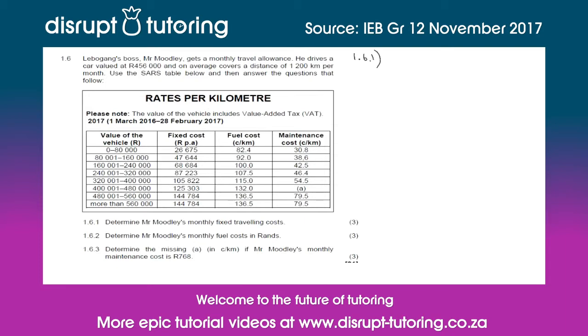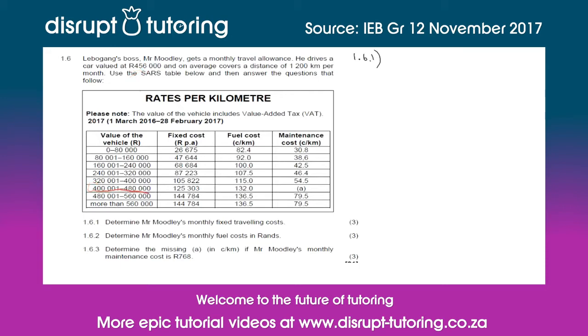determine Mr. Moodley's monthly fixed traveling costs. So they've told us that his traveling costs should fall in the category of 125,303 Rand, and this is because they value his car at 456,000.